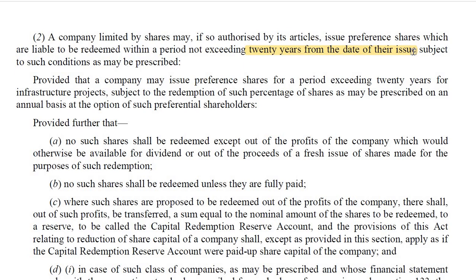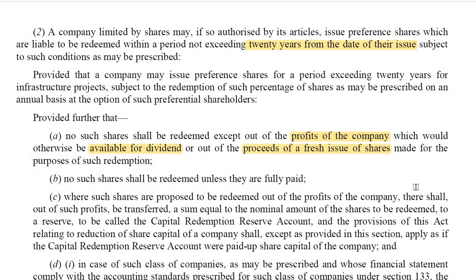Provided further that no such share shall be redeemed except out of the profits of the company which would otherwise be available for dividend, or out of the proceeds of a fresh issue of shares made for the purpose of such redemption. No such share shall be redeemed unless they are fully paid.